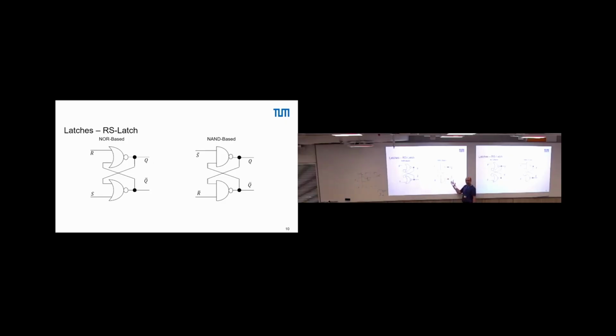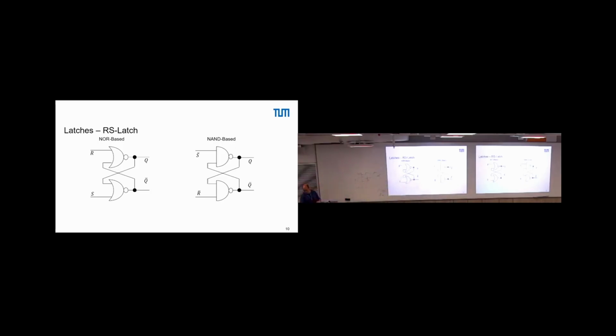Similar for the NAND-based, we want to have at the output here a 1 if our set signal is at 1, a 0 if our reset signal is at 1. But you need to take a little bit of care because here the input is also inverted. So effectively, this is a not set signal and this is a not reset signal. So that's more or less the functionality.